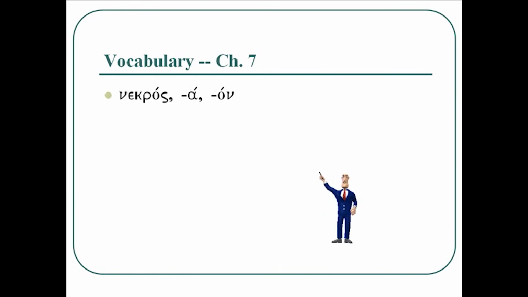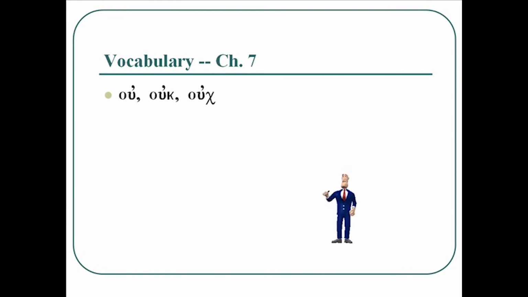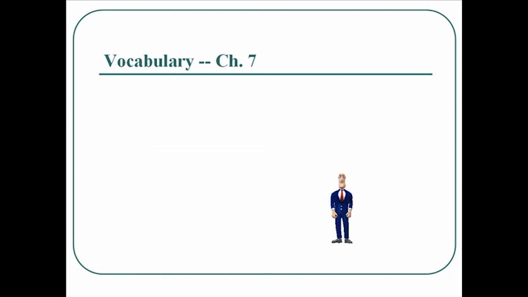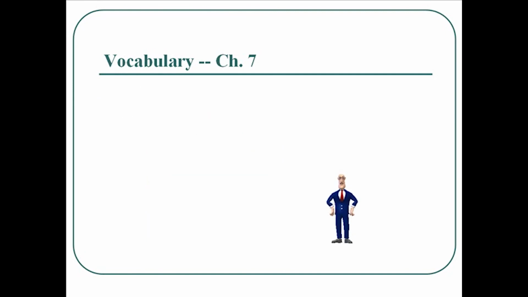The seventh word is nekros, a, on, means dead. Word number eight is ou, ouk, and it means no or not. The ninth word is protos, e, on, and it means first.